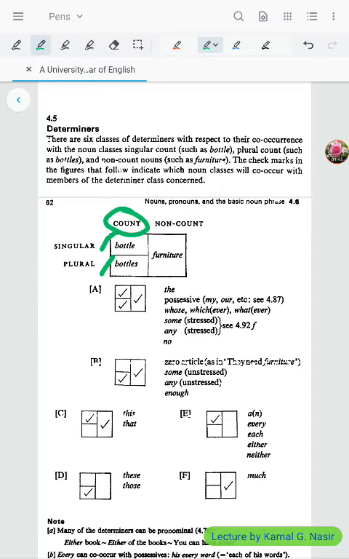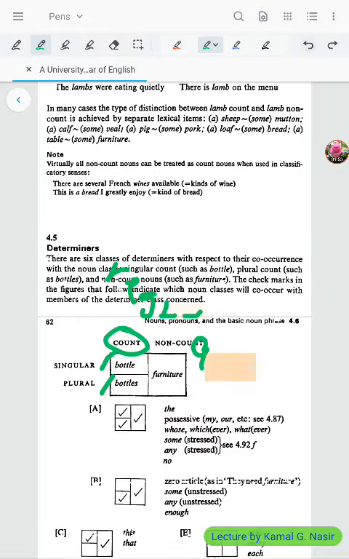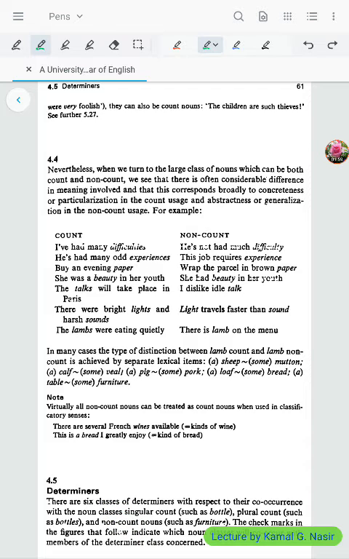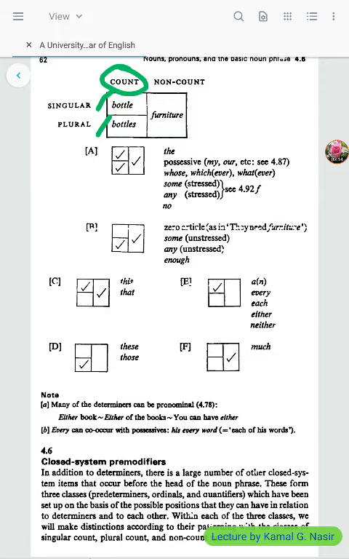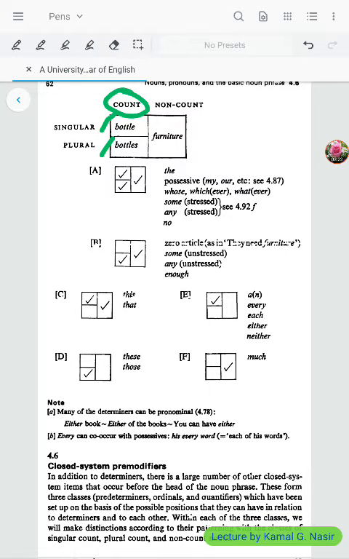These are countable, so every regular countable noun becomes a plural by adding the s of pluralization, as you know. The non-countable noun does not take s of pluralization, so it is only in this form.